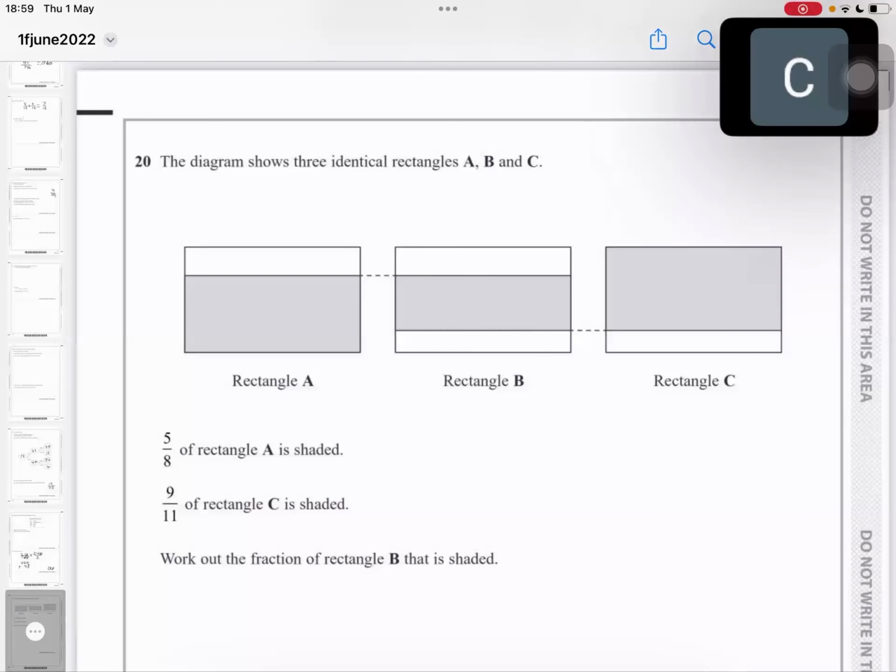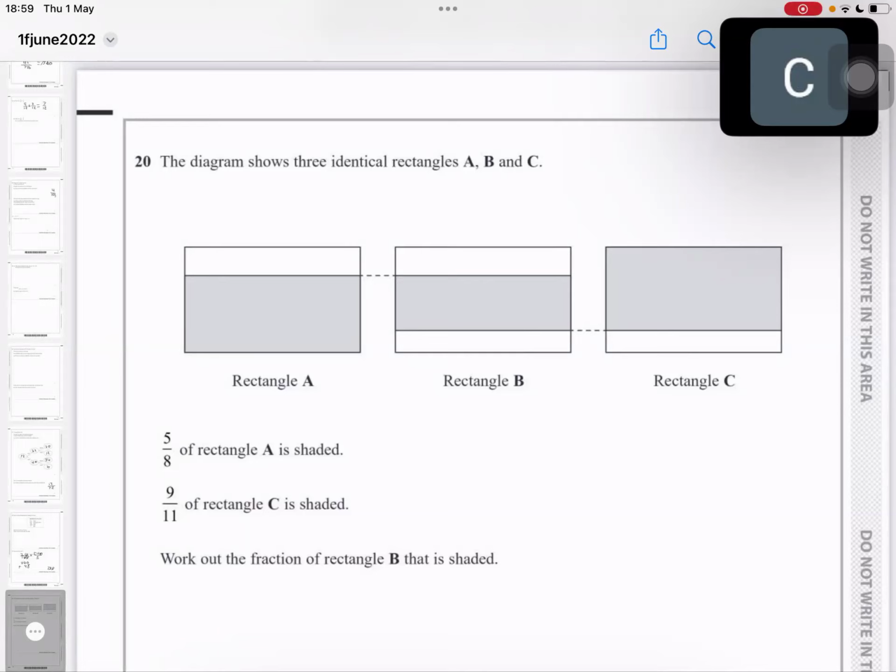Okay, it's back now. So if that's 3 over 8 that's left up there, let's do the same thing for rectangle C. We are told that 9 over 11 of rectangle C is shaded. So the part that is not shaded is going to be 2 over 11, right? Yes. So now, do you know why I'm looking at the one that's not shaded for the other guys?